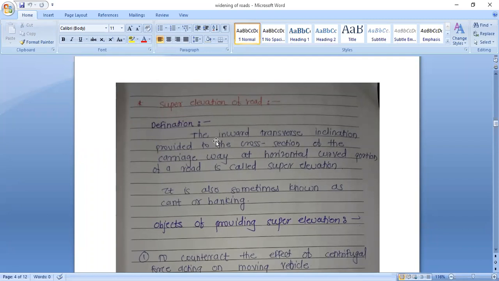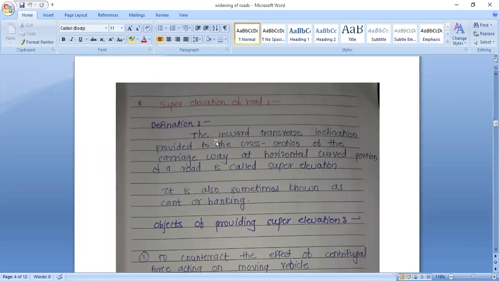what is the super elevation of road. The super elevation is the inward transverse inclination provided to the cross section of the carriageway at the horizontal curve portion of the road.